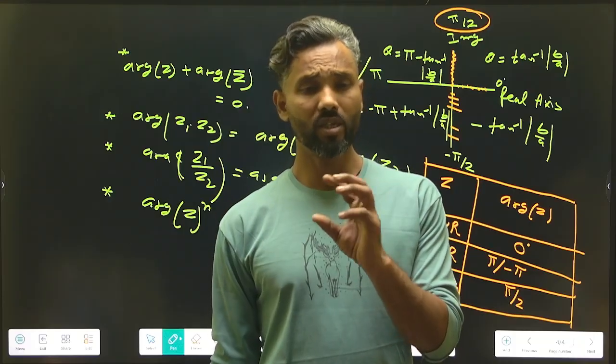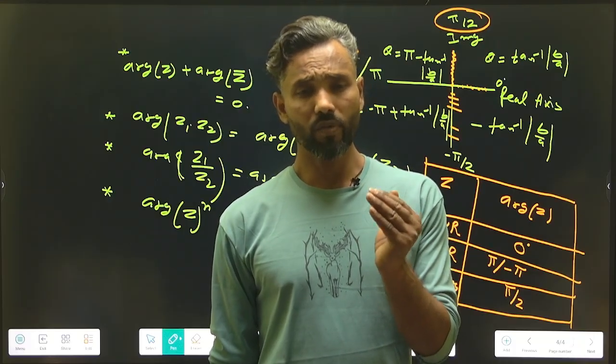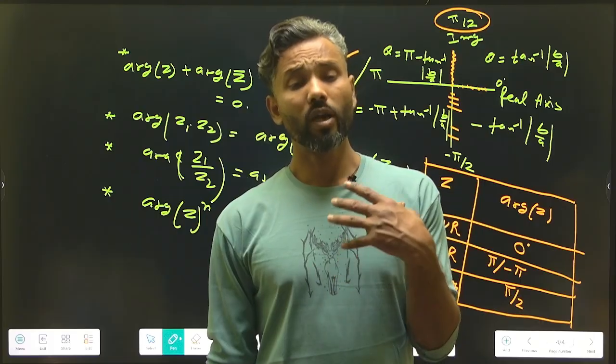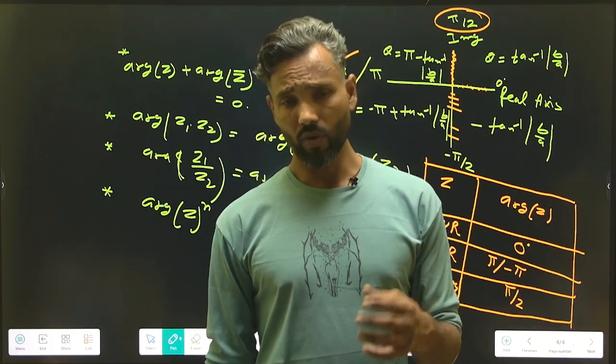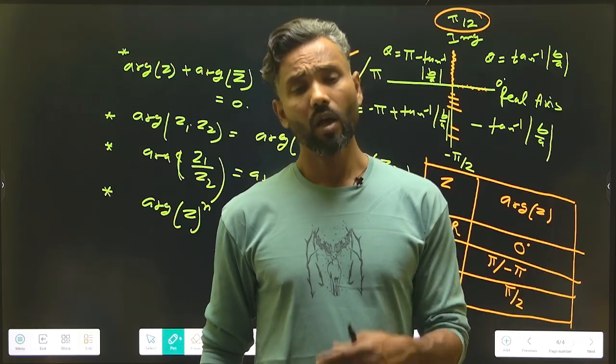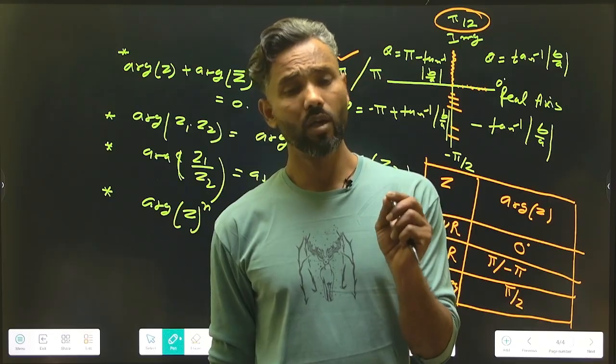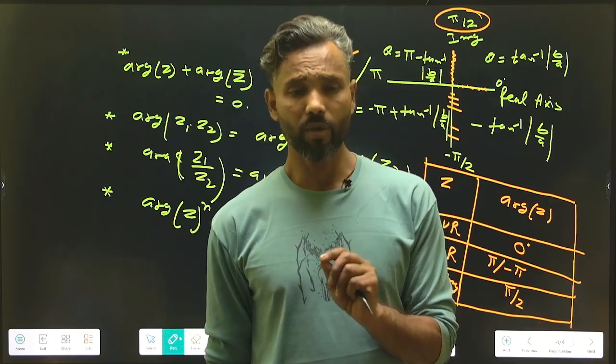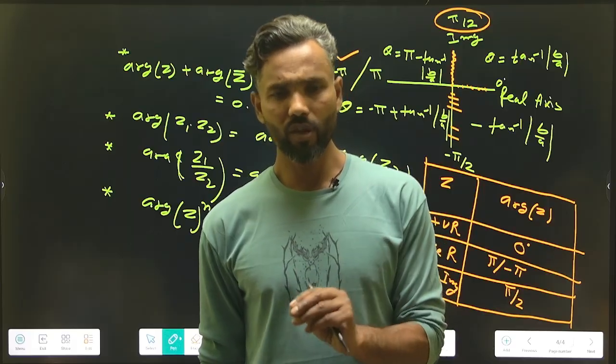Suppose there is a cubic equation in the form of a complex number, how do we calculate the roots of that equation very quickly? Suppose there is a quadratic equation in the form of a complex number, how can we calculate the roots of that quadratic equation very quickly? So all kinds of things will be shared with you.